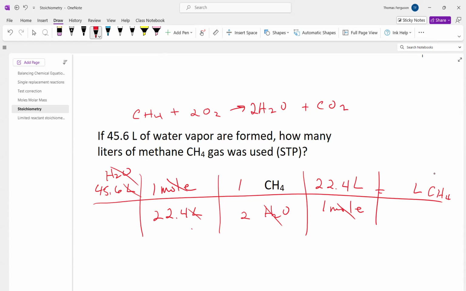Okay, so what is this going to be? 3 sig figs again.